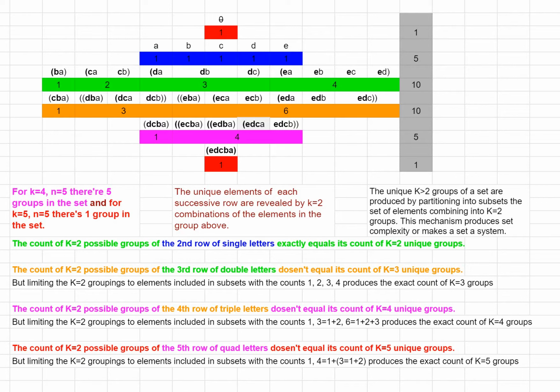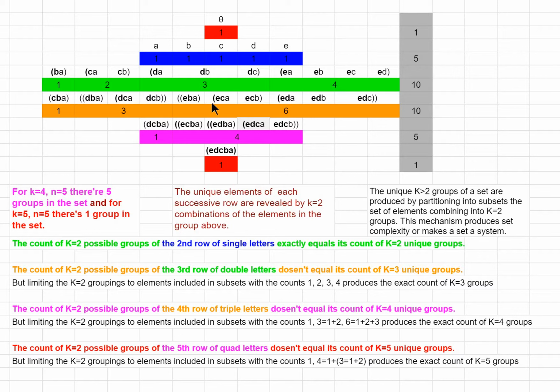The count of k equal 2 possible groups of the third row of double letters, this group that we just showed was partitioned, doesn't equal its count of k equal 3 unique groups.